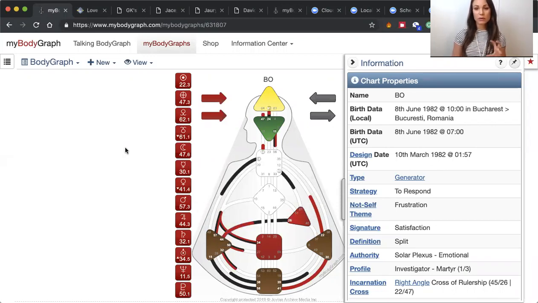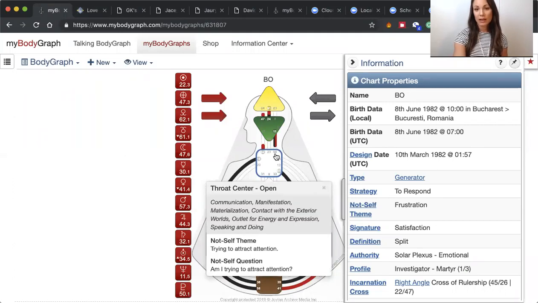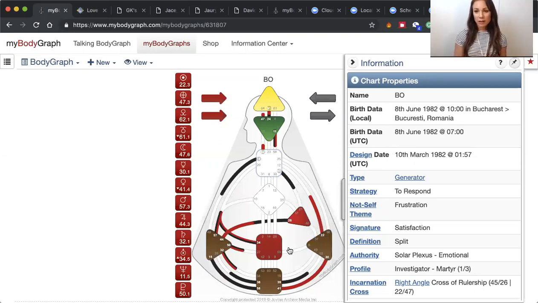When the split is a short split, and there is just one little gate, so if everything would be connected down here, and then it would only be maybe gate 56 that would connect the whole split, so that all the centers would be connected with each other, then that would be probably a theme in this person's life, to either try to step into the archetype of the 56 and be that, or to always attract people that have this gate.